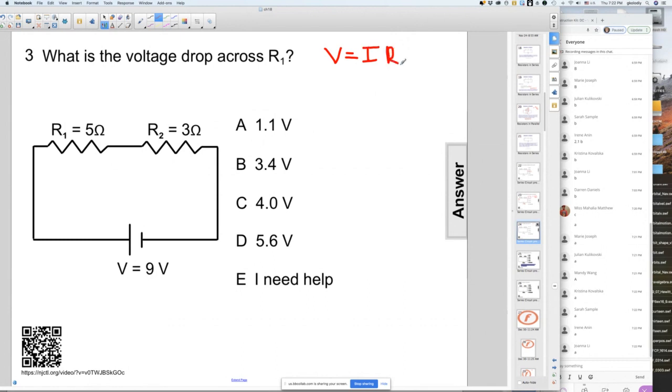For R1, don't forget the current was 1.1 and the resistance is 5.